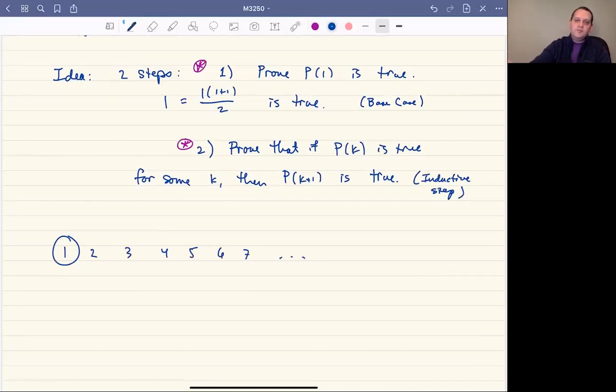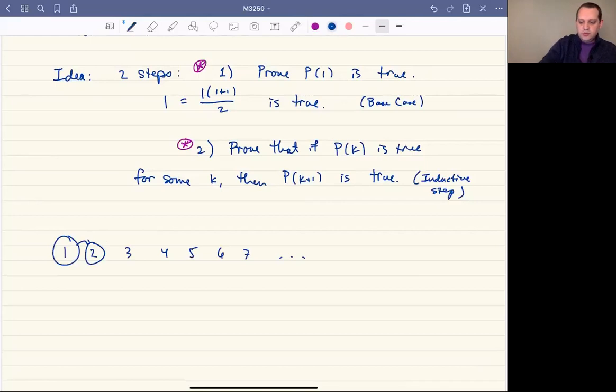And once we've proven number 2, once we've proven this inductive step, then we get all the other integers from those two steps. We already know that 1 is true, and then we showed that if 1 is true, then 2 is true. So that implies that it's true for 2.